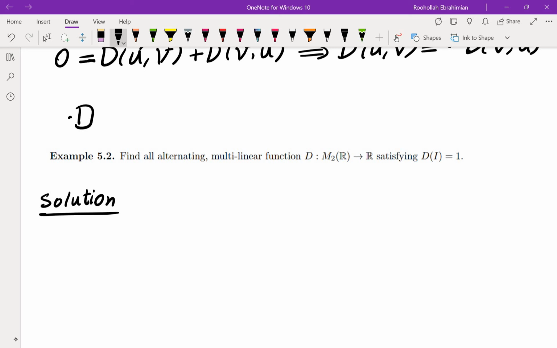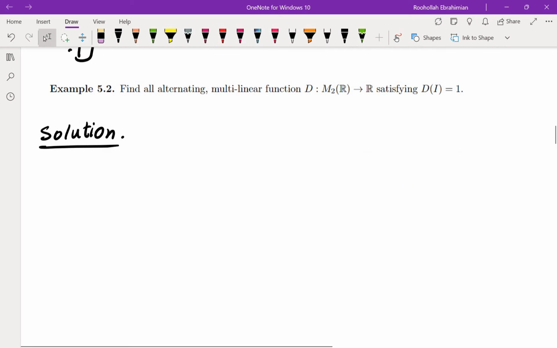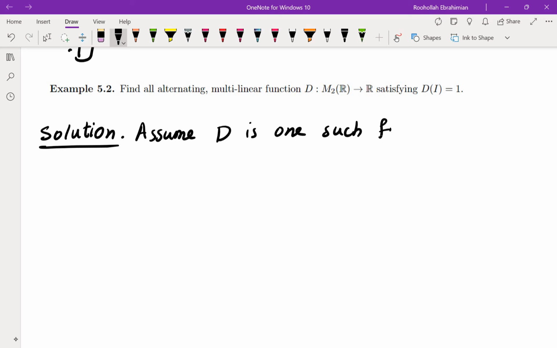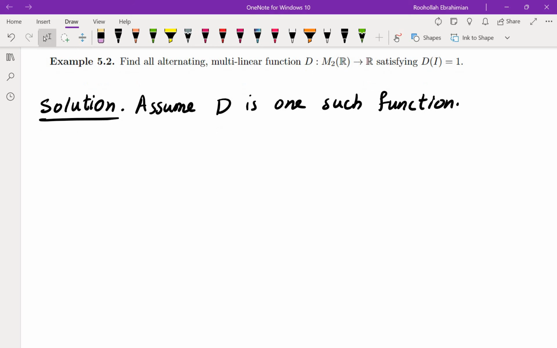Okay, so here is how we can find this alternating and multilinear function. Let's just start with assuming that d is alternating and multilinear. So assume d is one such function. What I'm going to do is use multilinearity and alternating and see what we get. So let's look at a matrix A, d of a11, a12, a21 and a22.